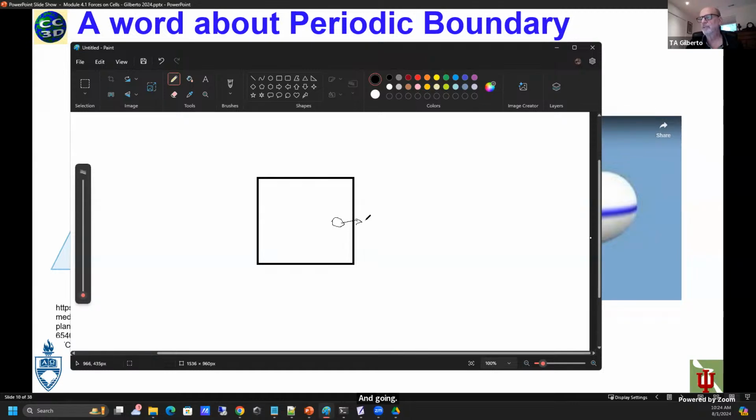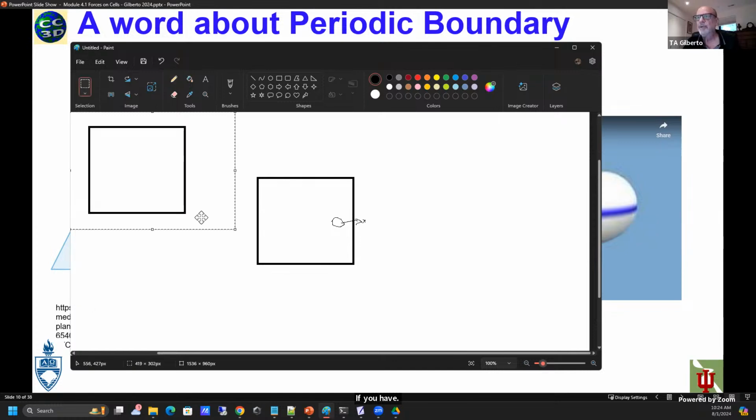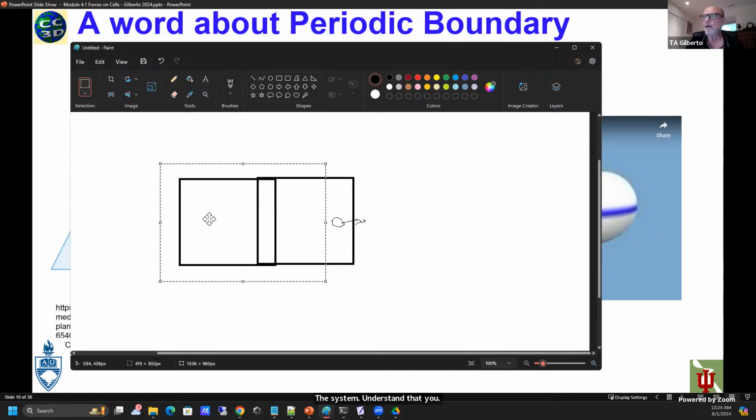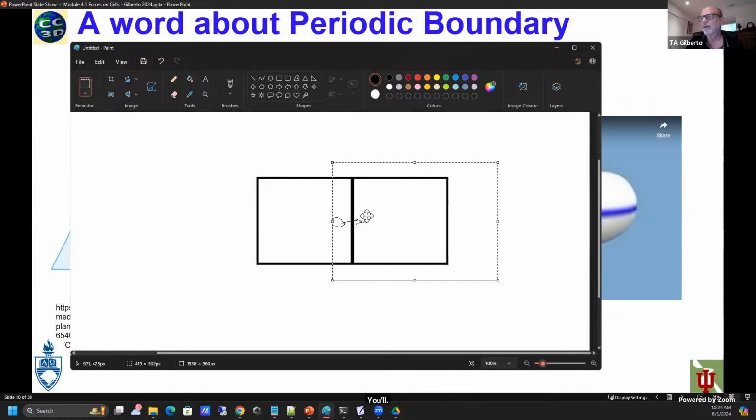Supposedly the cell will stop at this position, but this position is outside of the grid if you don't have periodic boundary conditions. If you have them, the system understands that you have to copy your whole xy plane here.